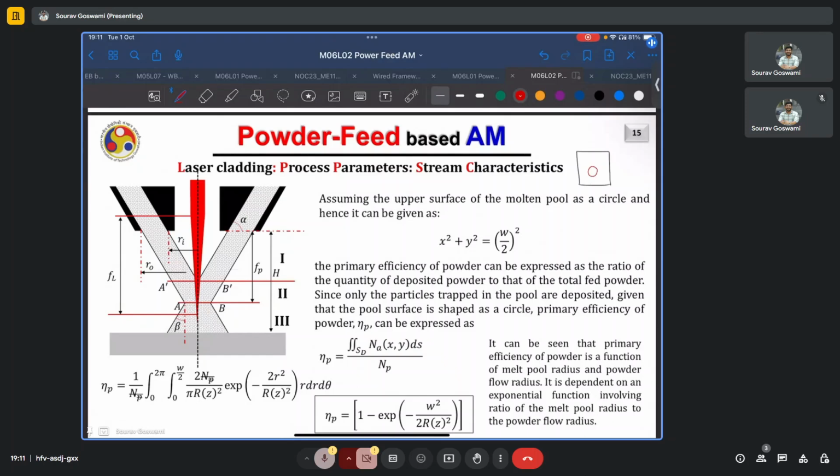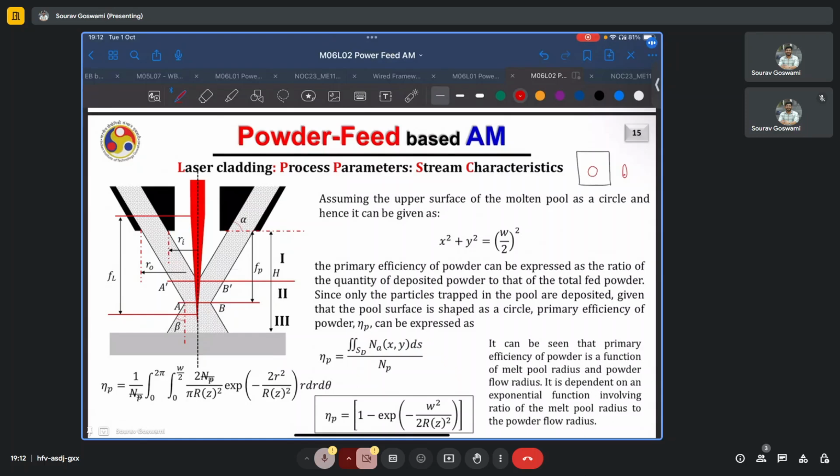Typically, with the direction of laser travel, it will have this oblong-like shape, say if the laser is centered somewhere here. However, with this simple assumption, this upper surface of the molten pool can be given by the expression x square plus y square is equal to (w by 2) square, and the primary efficiency of the powder can be expressed as a ratio of the quantity of deposited powder to that of the total fed powder.